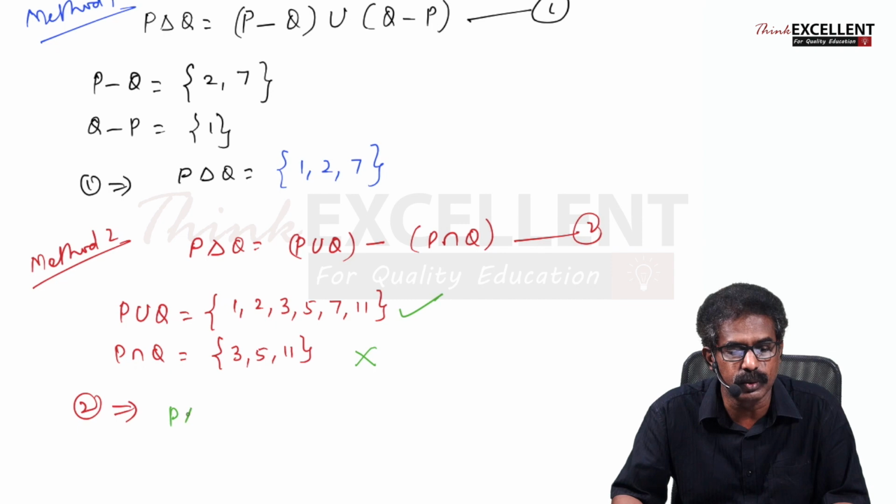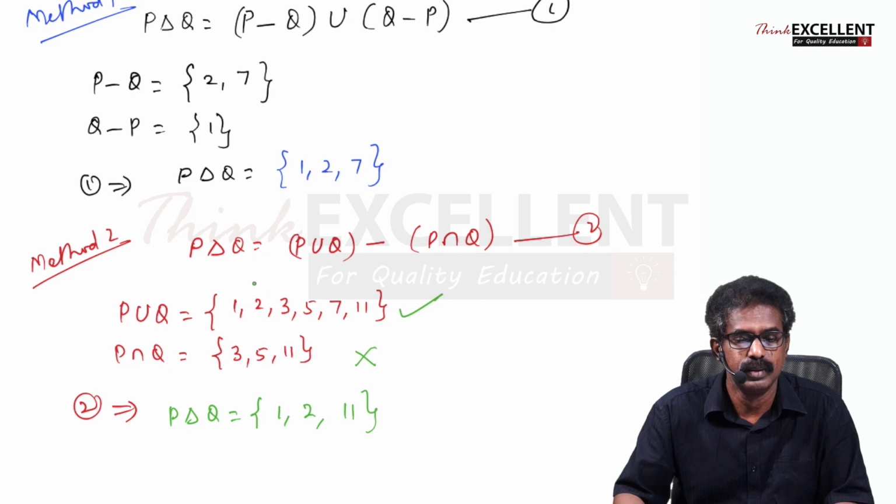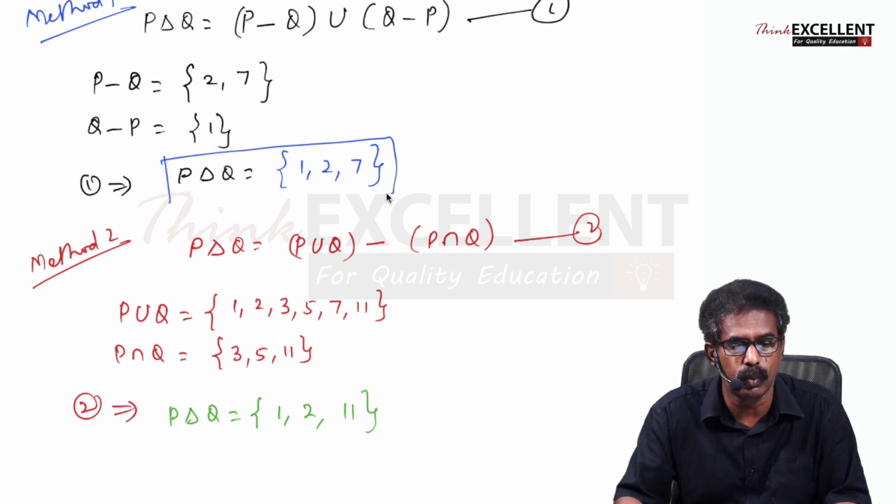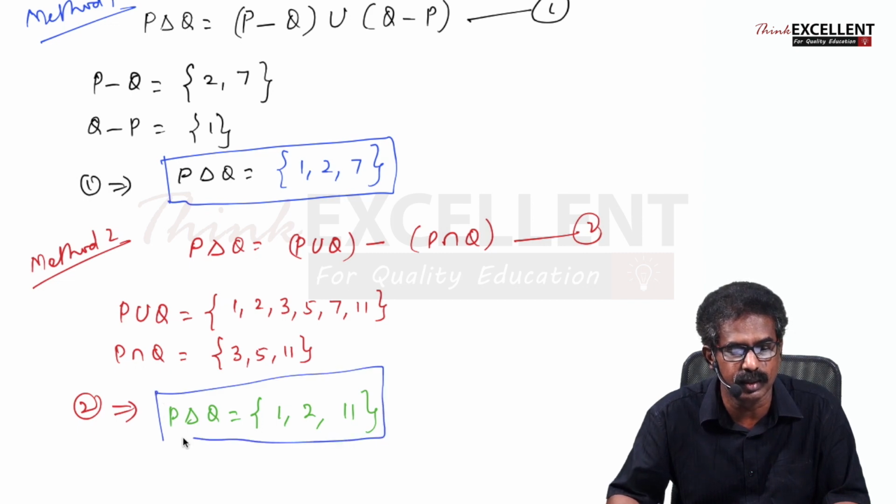So P delta Q is equal to, in the first set, not in the second set. 1 you can take, 2 you can take, 3, 5, 7 you can't take, then you have 11. The answers are same, right? P delta Q, 1, 2, 7. The second method also your answer is 1, 2, 7.